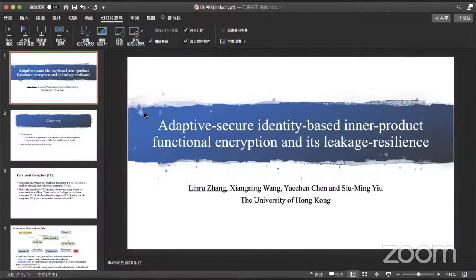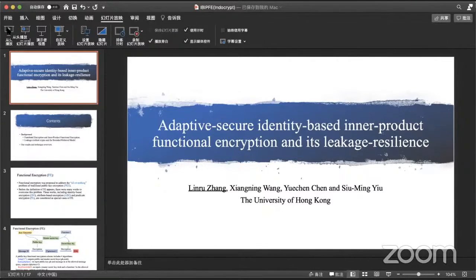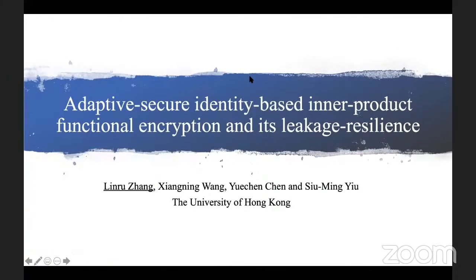Okay. Yeah, I need to maximize it, please. Okay, can you hear me? Yeah, you're audible, but I think you need to maximize the slide. Yeah. Oh, okay. Yeah, now perfect. Please go ahead.